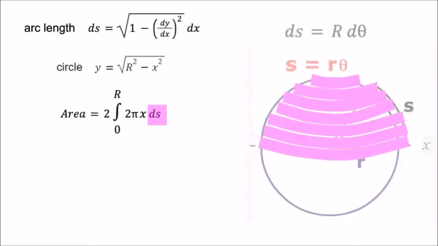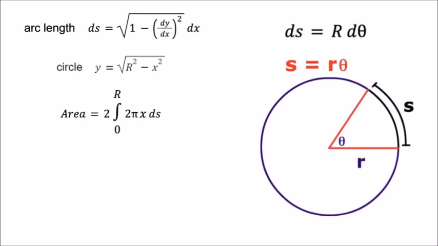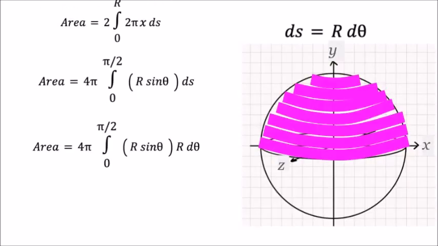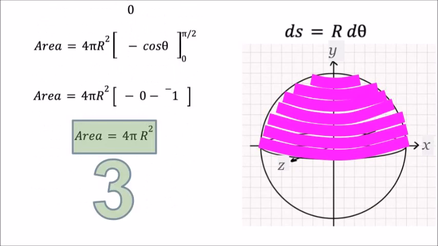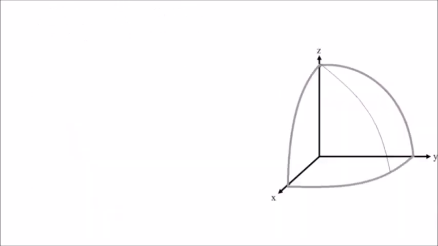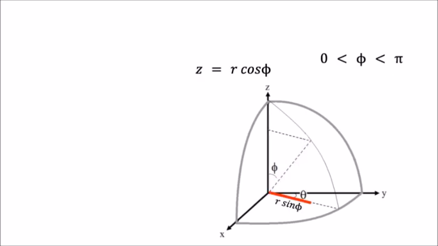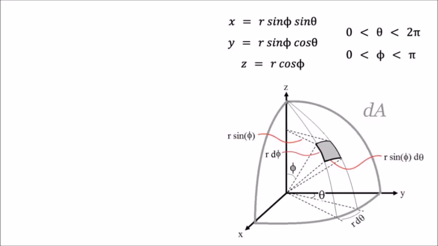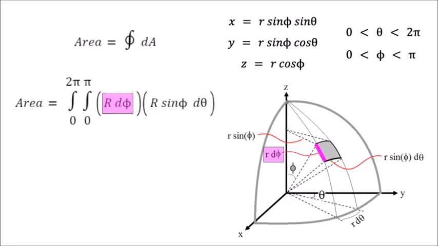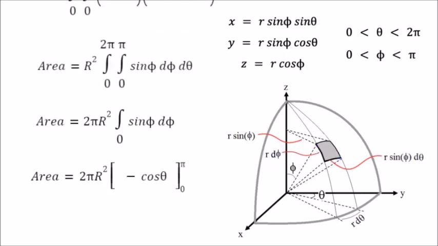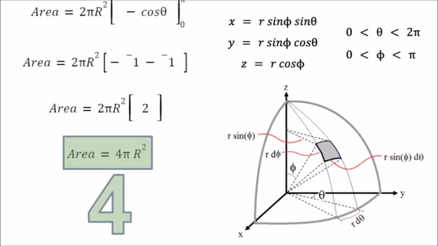Because if you are asking about ds, I know of a shortcut that will take you to the same destination. Next and last, finally, returning to spherical coordinates with the z and a projection into the xy plane, and dA is r dφ times r sine φ dθ. Integration is all you need.